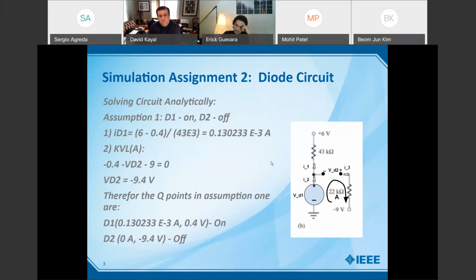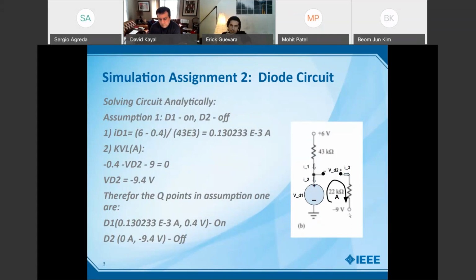So we take a KVL and figure out what the voltage drop across this diode that's off is. We take negative 0.4 from the terminal, then include negative VD2, and then add the 9 volts that are here. Again, no current is running through this resistor, so no voltage drop. It's just 0 volts here.